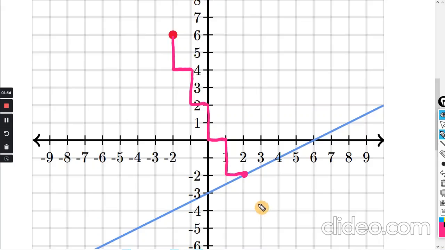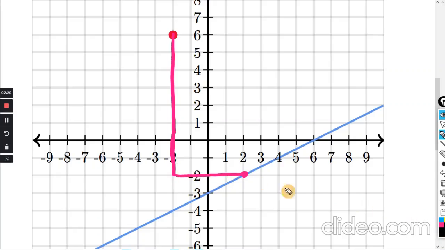You can use the Pythagorean theorem, or you can use the distance formula. I'd rather use the Pythagorean theorem. So I'm going to construct a right triangle. We're going from this point to this point. So we have this distance here, the vertical part, and then this distance here, the horizontal part.